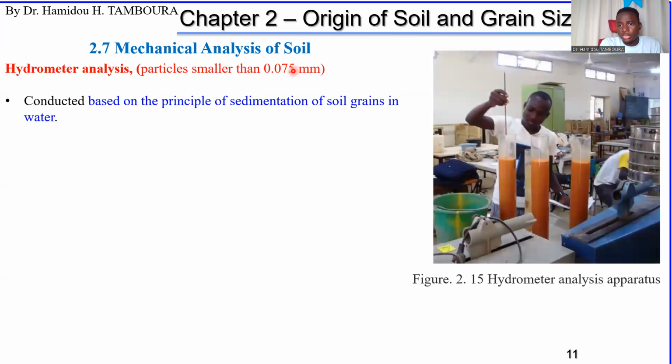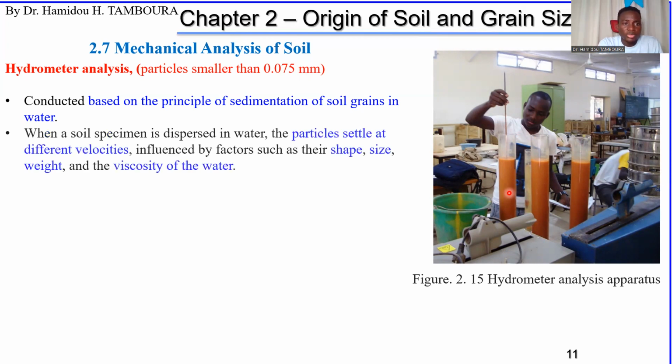So this is the photo I explained before. Exactly what I'm doing here, mixing the soil sample and water, and after that the soil particles will be sinking in the water, sedimentation. So when the soil specimen is dispersed in water, the particles settle at different velocities.